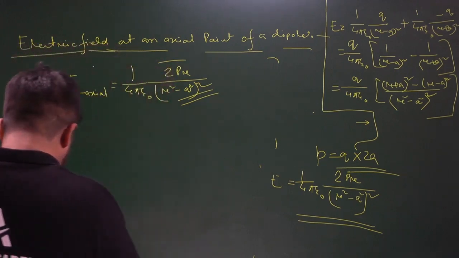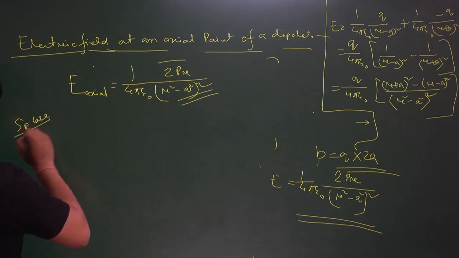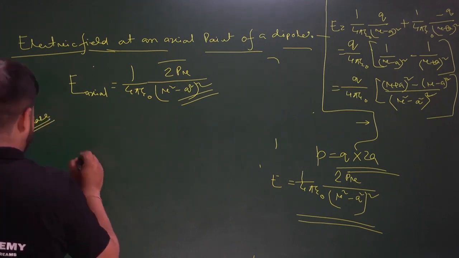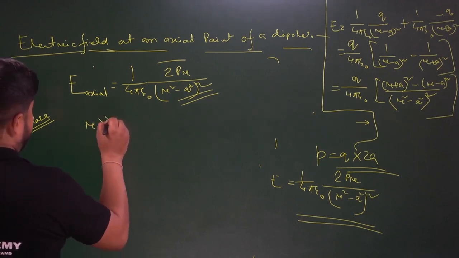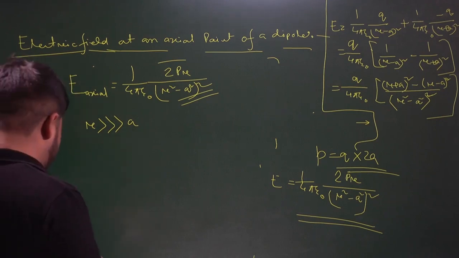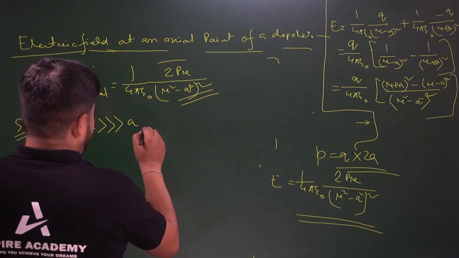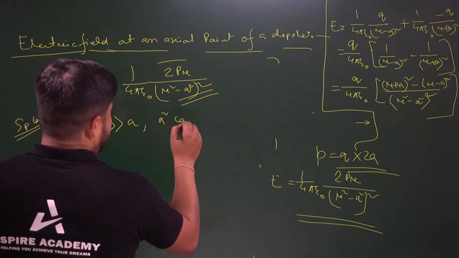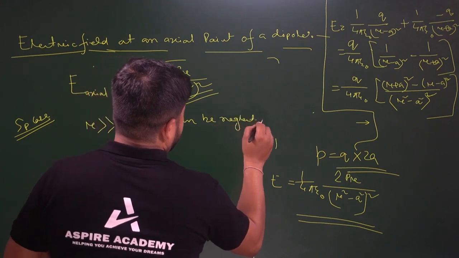Now another special case. If R is very much greater than A, what will happen? Then A square can be neglected.